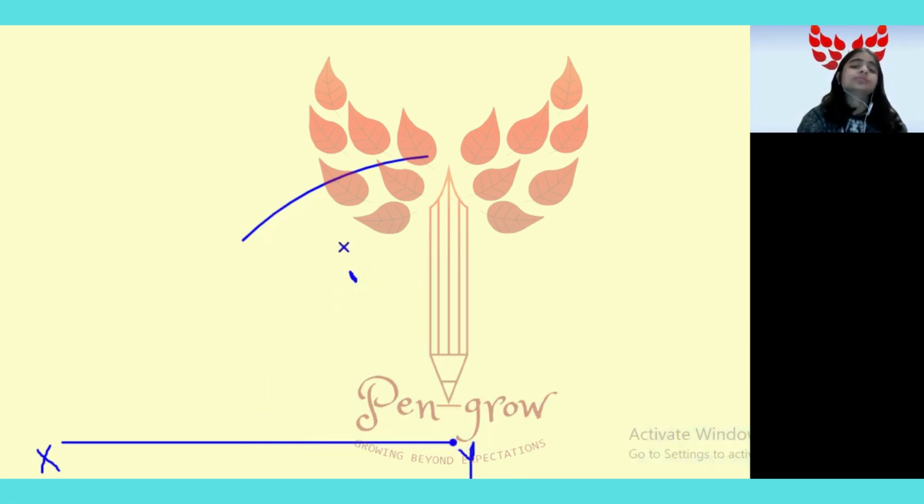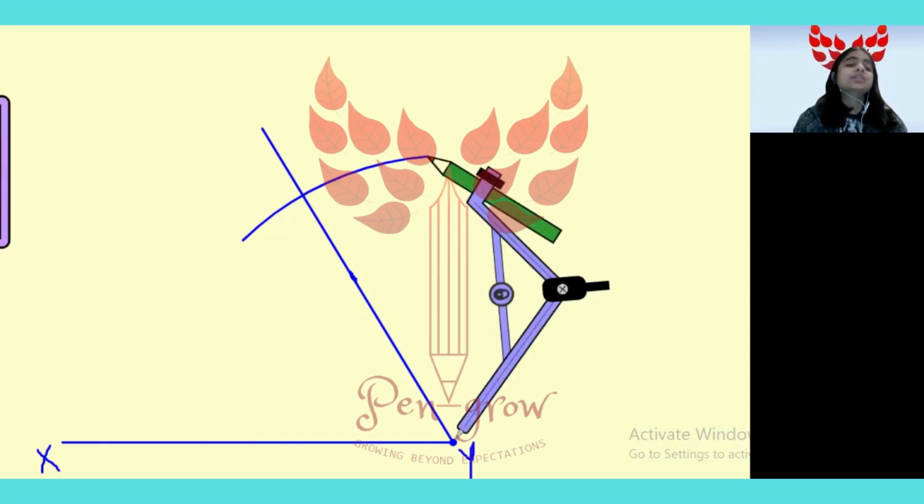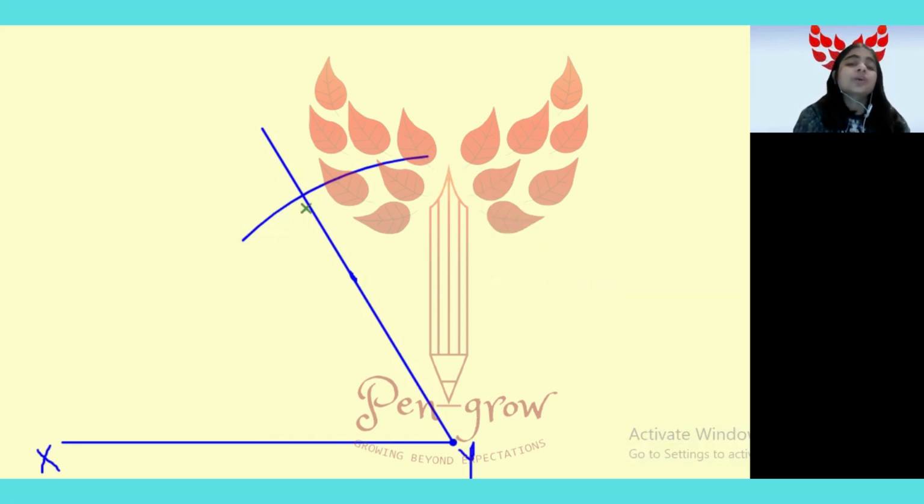And we will make a line. Right? This line represents the openness of it, the angle, and the arc represents the length. So where the line and the arc meet, that is exactly where the point is.